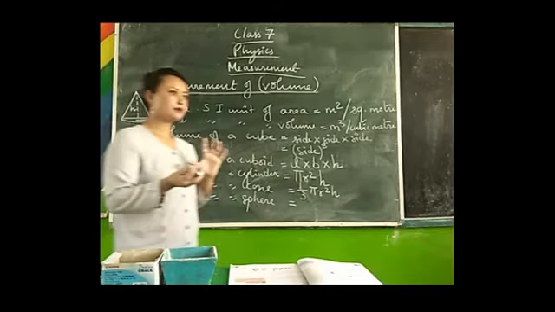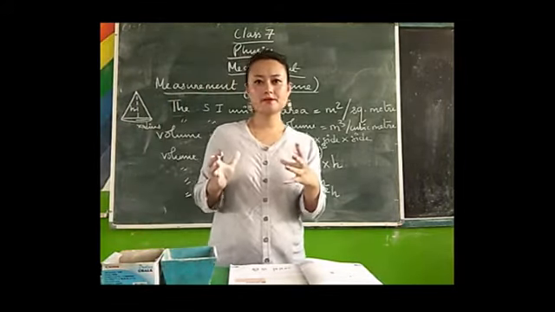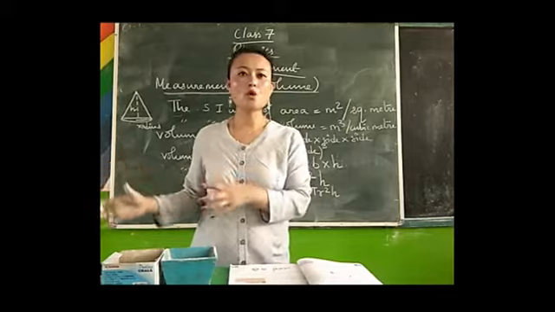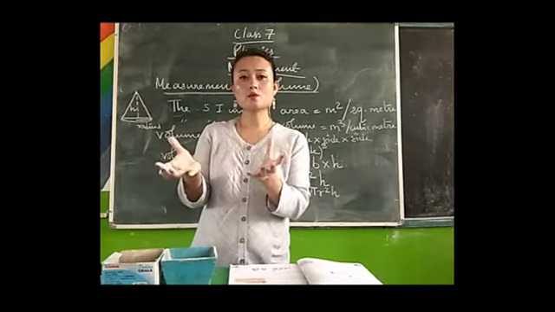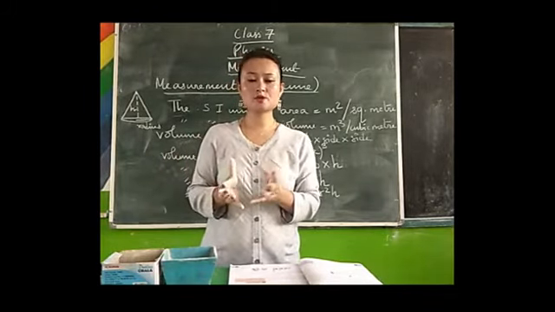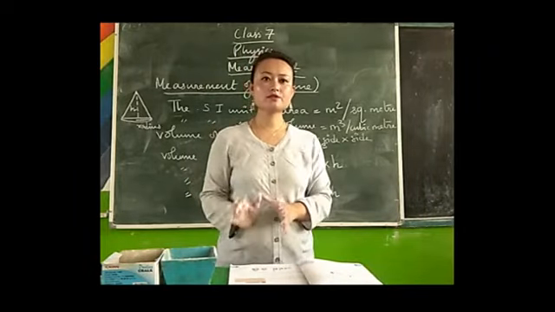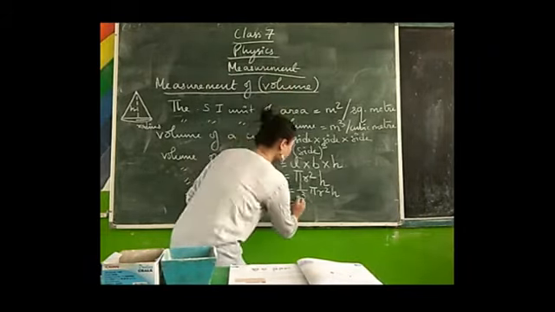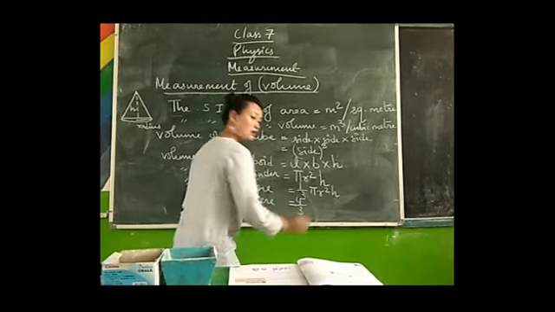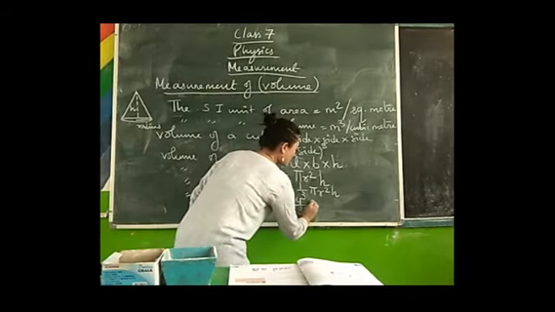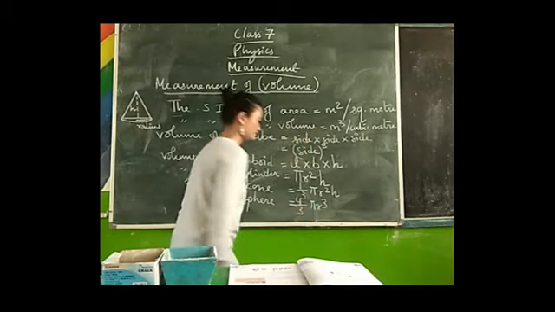You know what a sphere means, right? The ball, the football, the basketball, they are spherical in shape, which means they are examples of a sphere. And what's the formula for a sphere? If you have to calculate the volume of a sphere, it is 4 by 3 pi r cube.